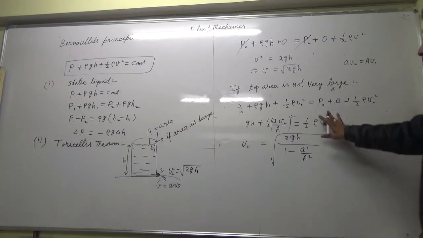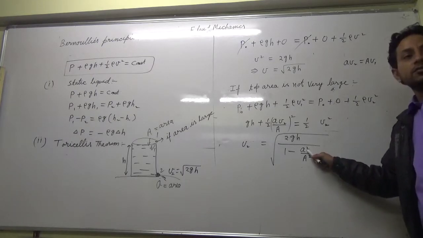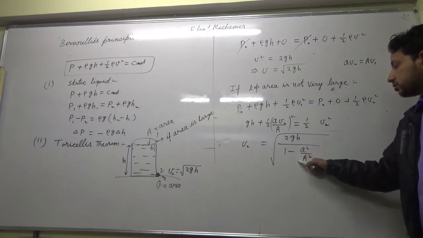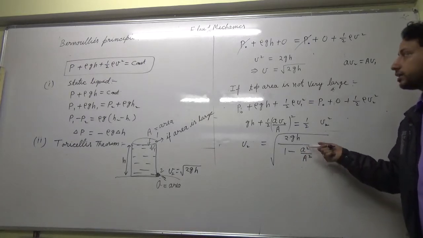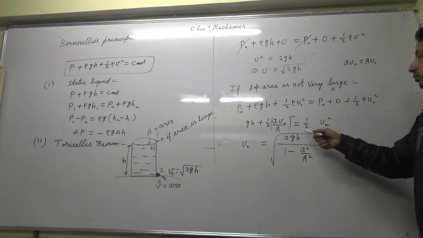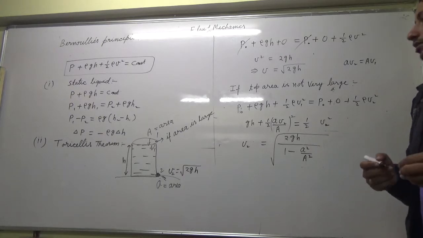Rho cancels out. If this small a was very small compared to capital A, then this term was negligible and we had neglected it. That was the last case. But if these two are comparable, then we have to use this formula. This is Torricelli's theorem.